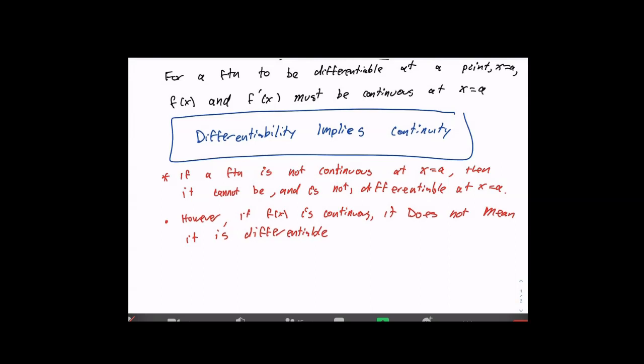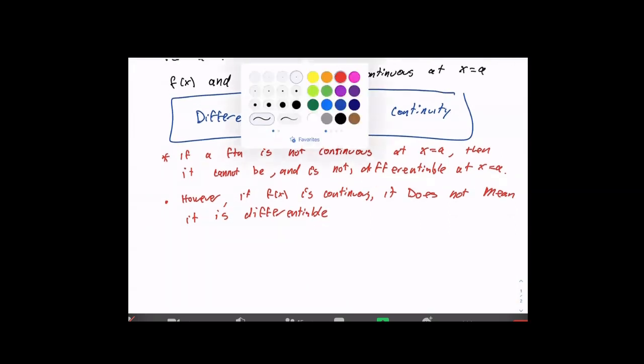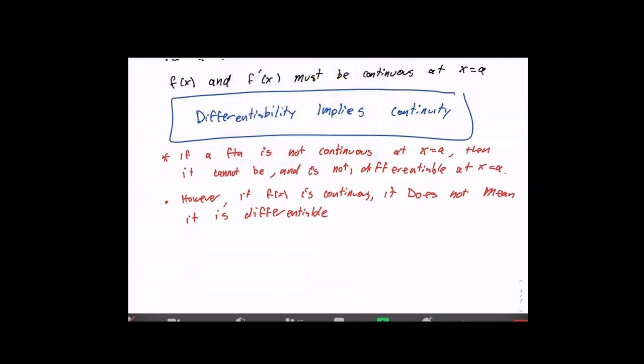So if a function isn't continuous, it automatically is not differentiable. However, with that said, just because a function is continuous doesn't mean it is differentiable. We have to check the next part. So if you remember, it's really a two-step process.